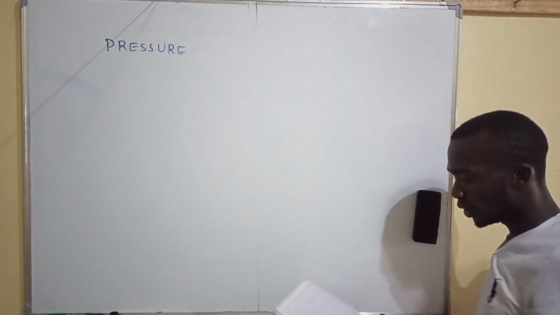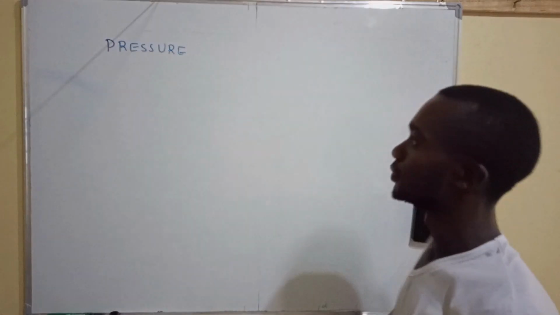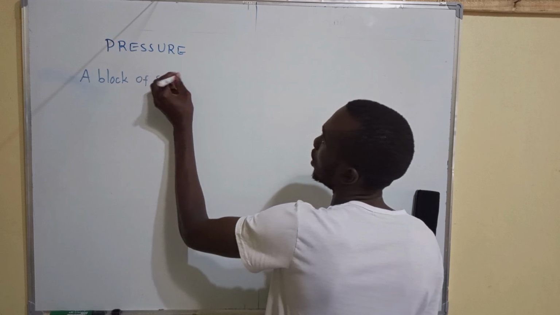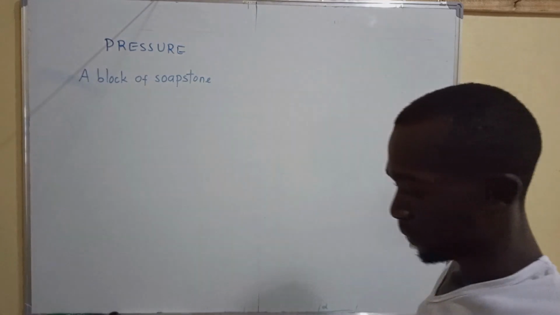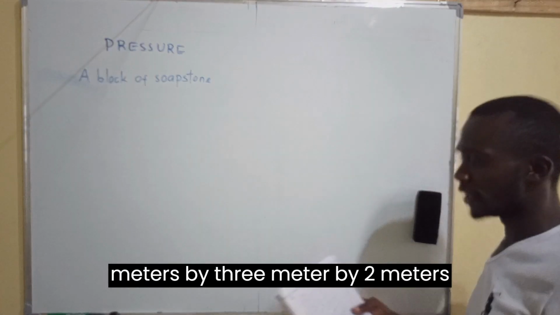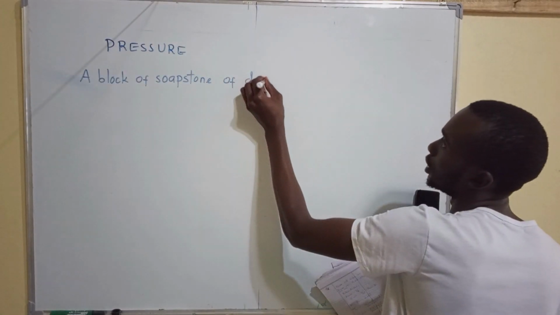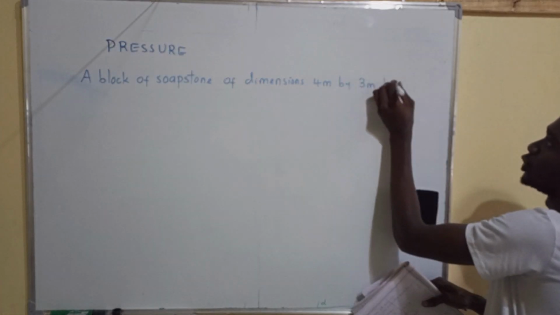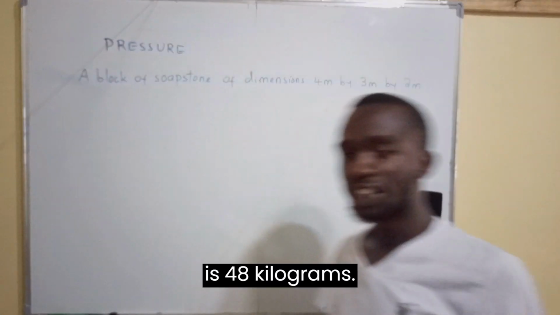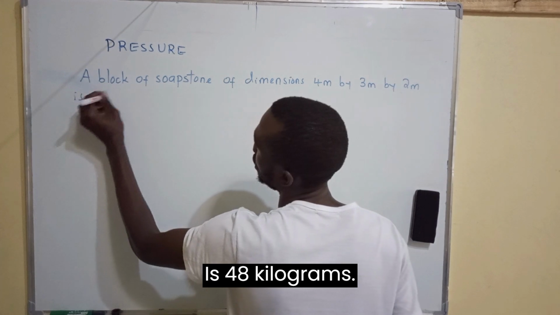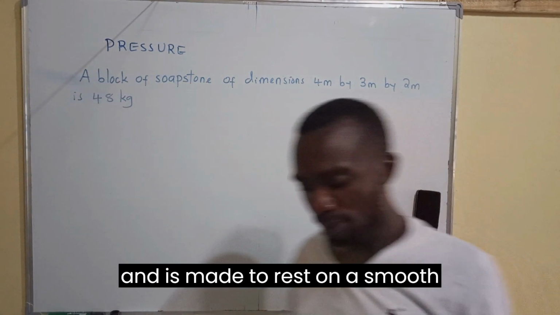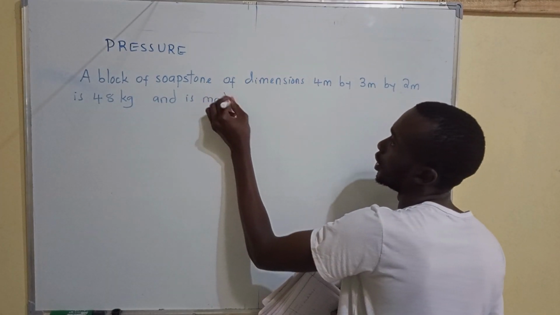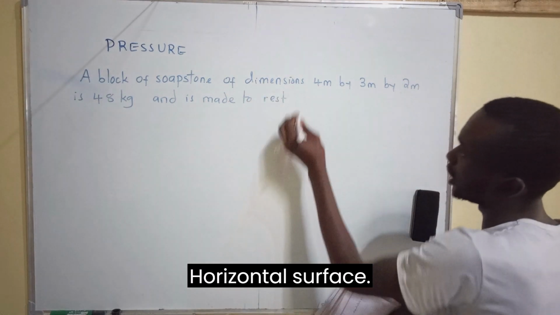The question reads: a block of soapstone of dimensions 4 meters by 3 meters by 2 meters has a mass of 48 kilograms, and is made to rest on a smooth horizontal surface.